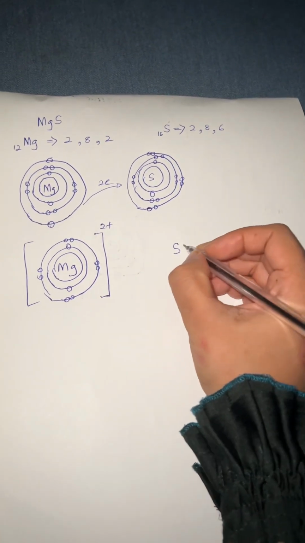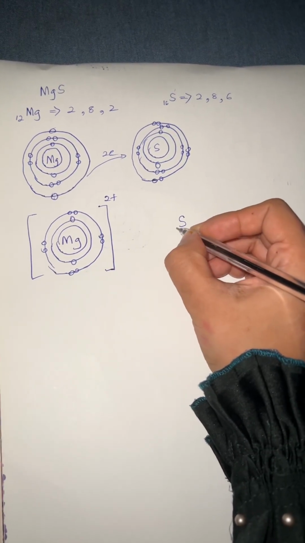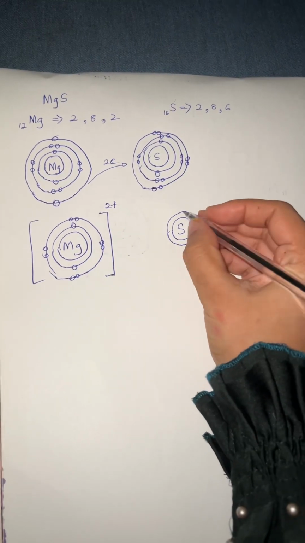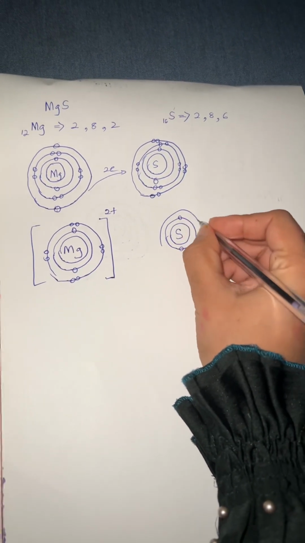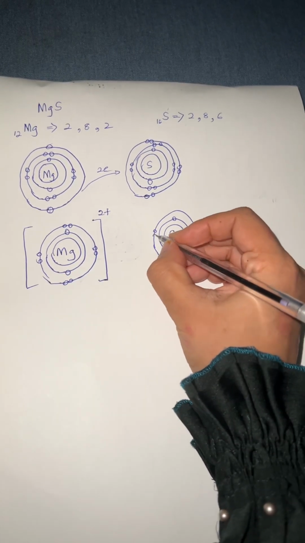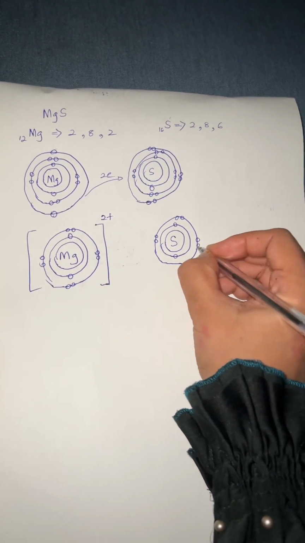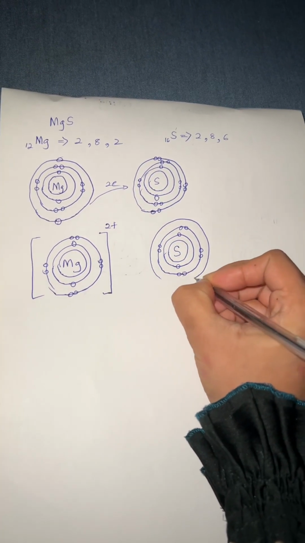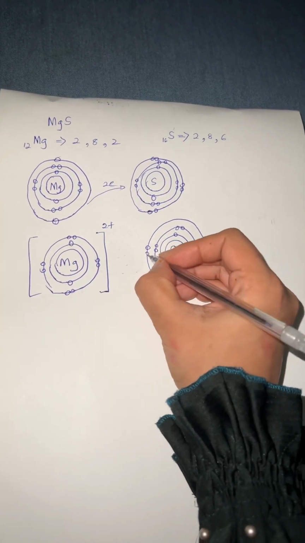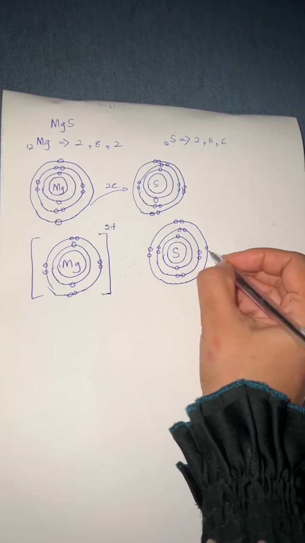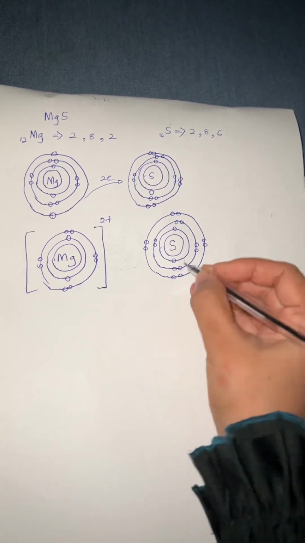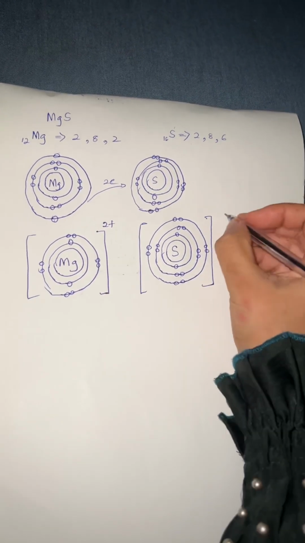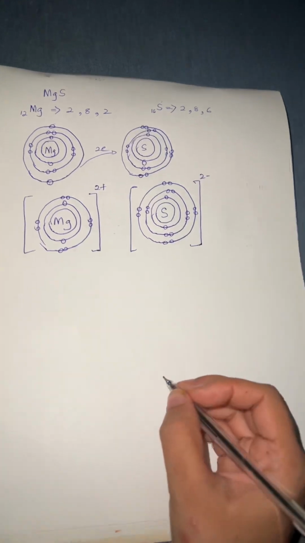And consider sulfur: 2 electrons, then 2, 4, 6, 8, and the outermost 2, 4, 6 was there, and 2 have come in, so we give a 2 minus.